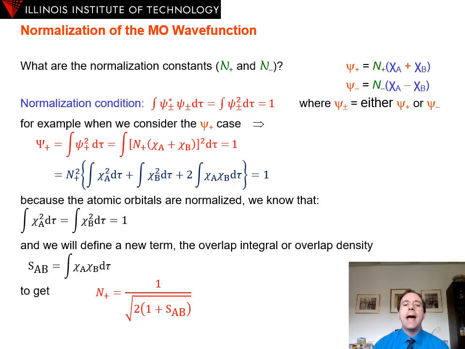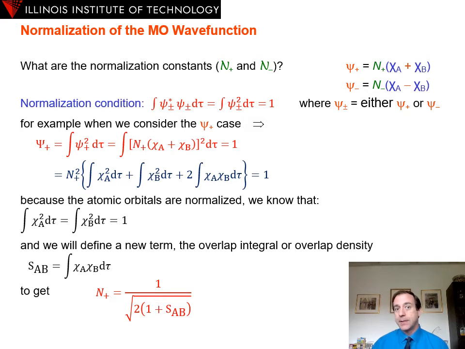So now we can go back and find what that normalization constant is for our bonding orbital with the constructive overlap between our two 1s orbitals. Once we substitute everything in and solve for N, we're going to get that it's the square root of 1 over 2 times 1 plus S sub AB.